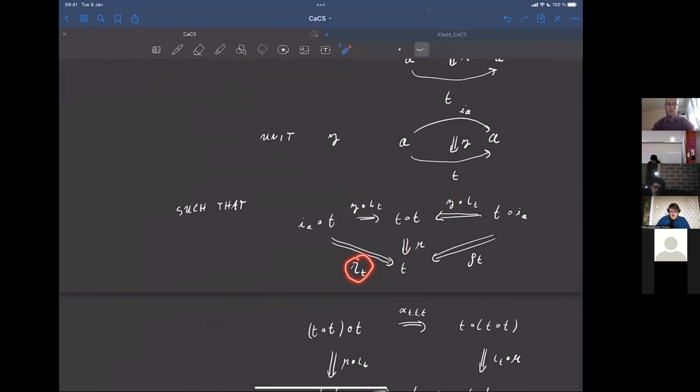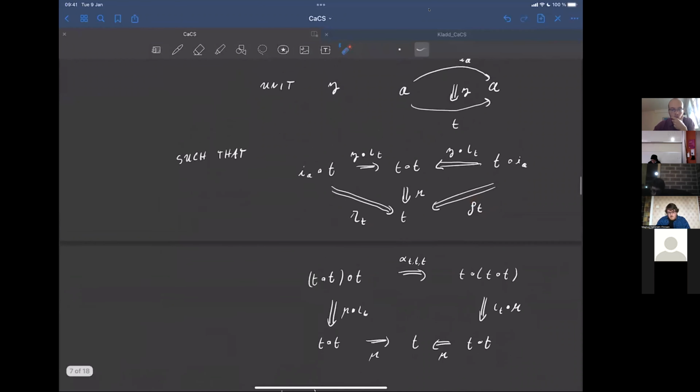In this diagram, I mean that the unit is two-sided and the multiplication respects it. So if you take the unitary relations in the bicategory, the unit or the multiplication, and then apply the multiplication map, then we get the same thing. And we also require the multiplication to be associative.